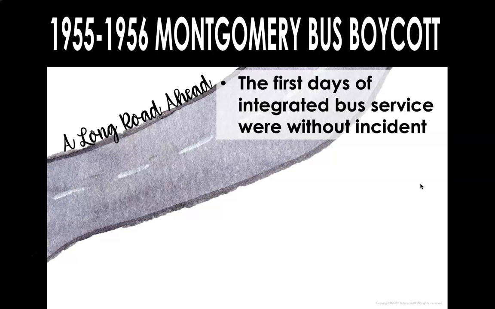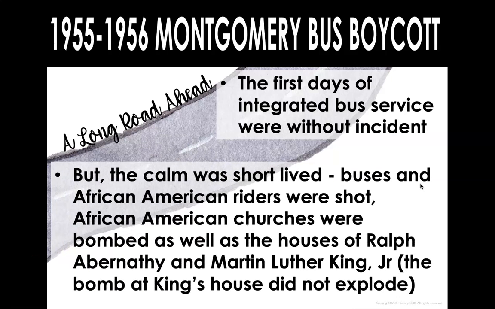The first days of the integrated bus service were without incident, but then we get into violence. The calm was short-lived. Buses and African-American riders were shot. African-American churches were bombed, as well as the houses of Ralph Abernathy and Martin Luther King Jr. The bomb at King's house, however, did not explode.